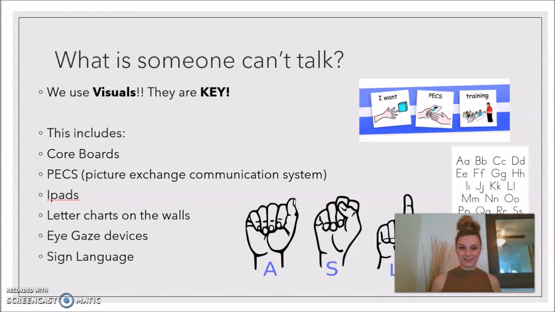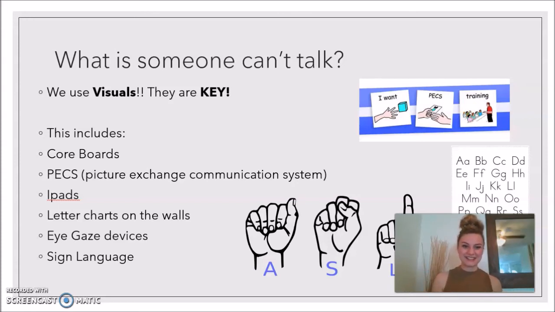Other things that they've come up with are eye gaze devices, so these technologies where they just use their eyes and look on the screen, and when they look at different places, it'll recognize their eyes there and it'll say what they want, like different letters or pictures might be in those corners, and they're able to look up and be like, oh, shower, just from looking in the corner, and the machine will speak out to you so you and them can understand each other.